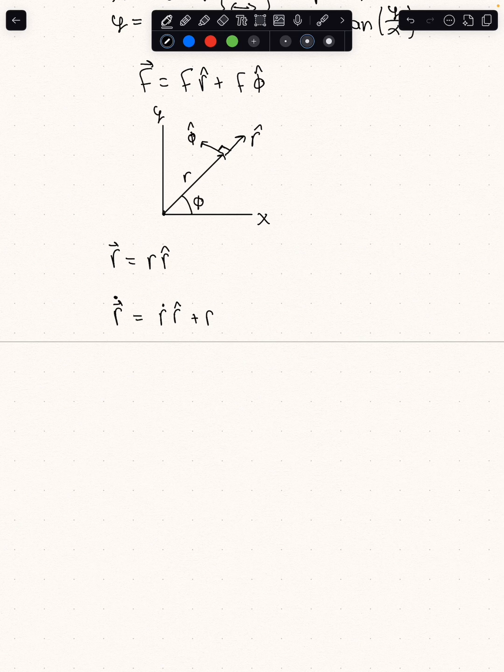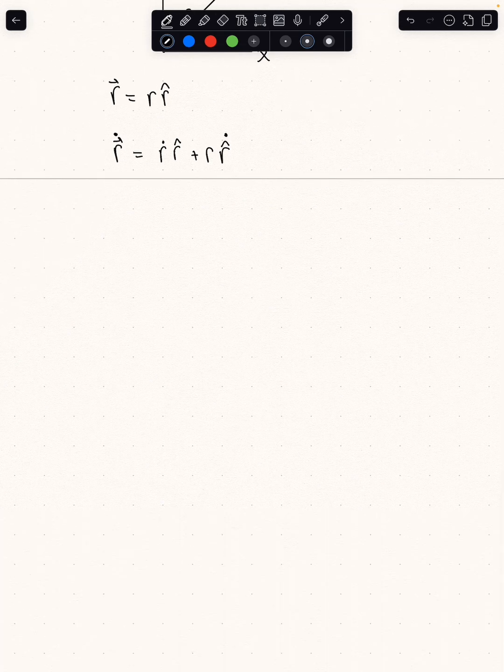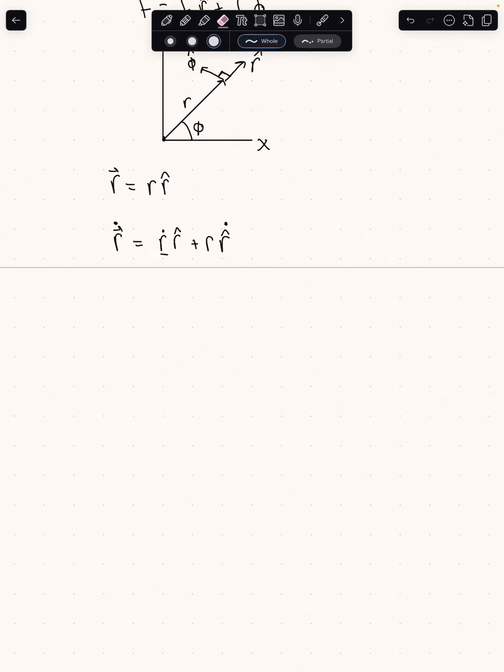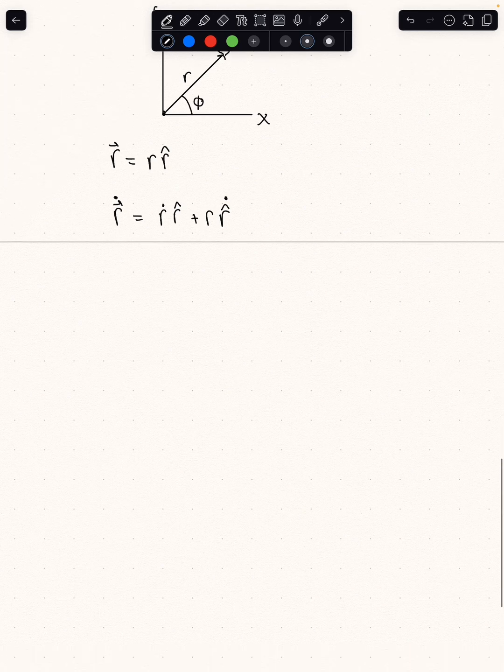Now I'll denote it as that for now, but we can denote the derivative of r simply as r dot, while r hat dot is going to actually have a different value, and that can be found from a picture like so.